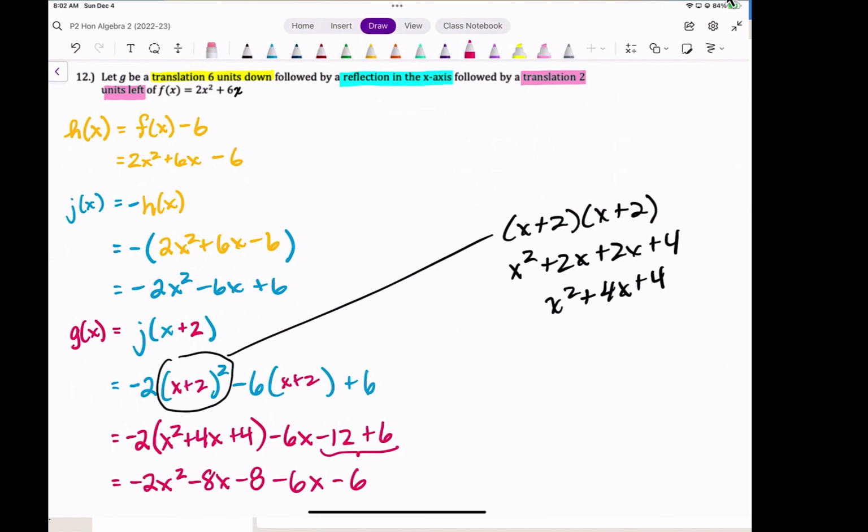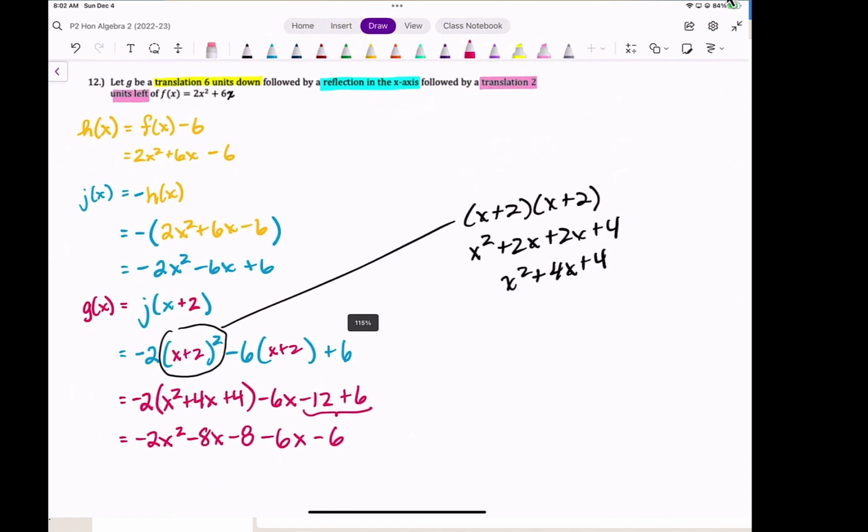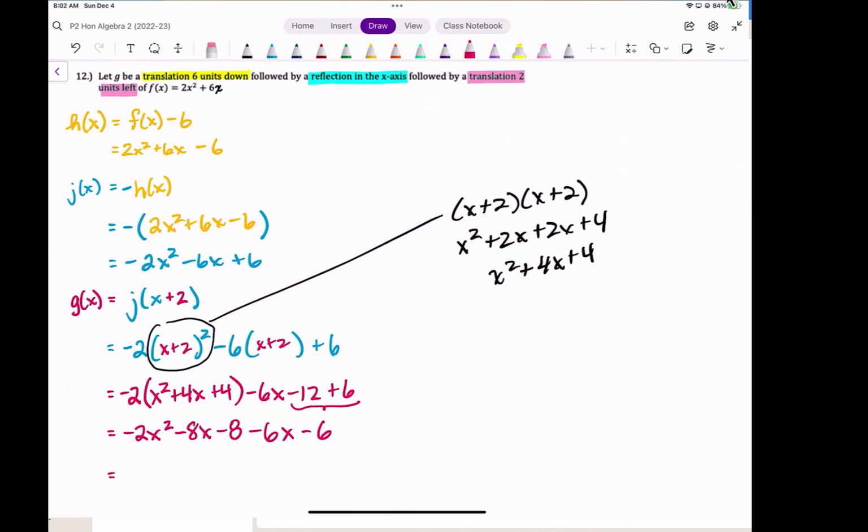And one more step. I'll combine my like terms. Negative 2x squared. How about negative 8x and negative 6x make negative 14x? And then negative 8 and negative 6, again, make negative 14.